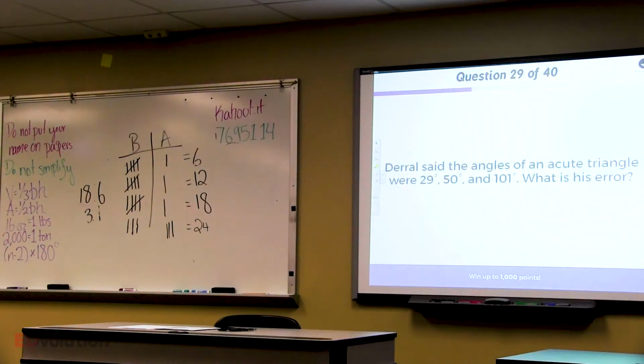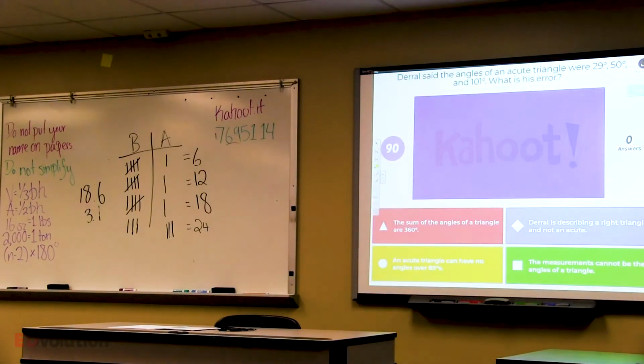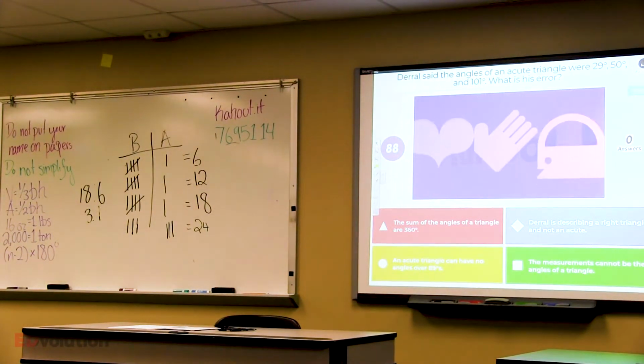Alright, Daryl said the angles of an acute triangle were 29, 50, and 101.